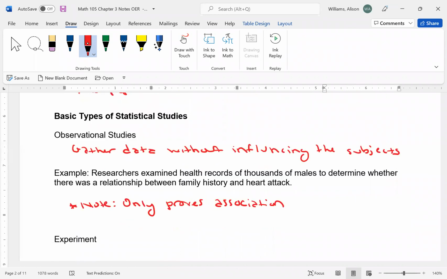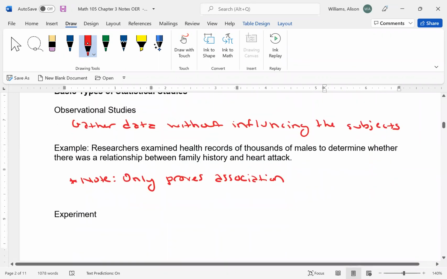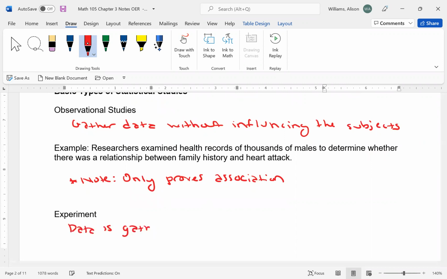An experiment is when data is gathered by exerting some sort of control over the subject. And the purpose of that is to measure a specific outcome.